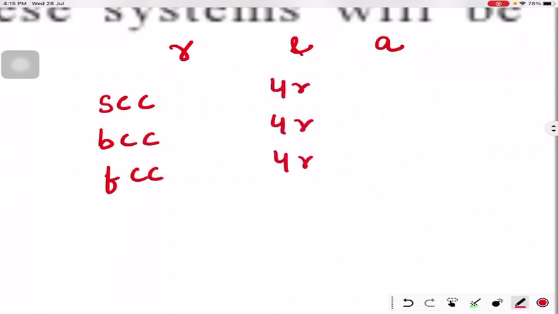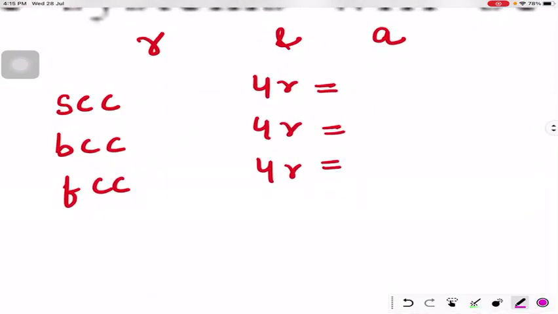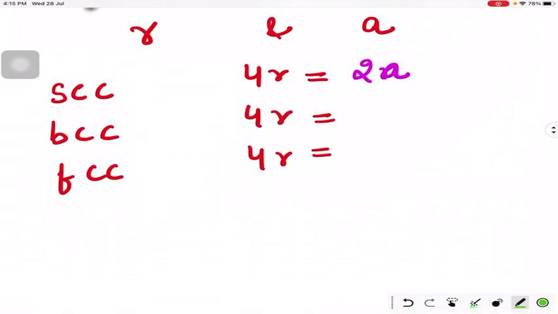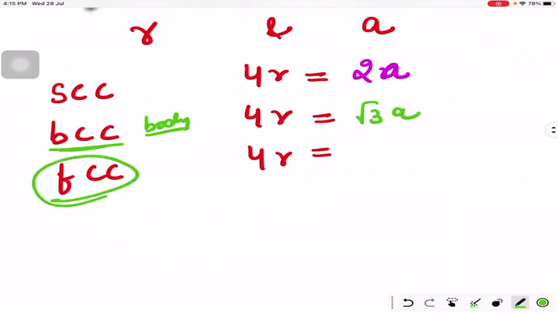For simple cubic, for body centered, for face centered, just write 4r in all the cases. 4r is equal to, for simple cubic, simply it is 2a, and then for body centered you will use body diagonal. Value of body diagonal is root 3a, and for face centered value of face diagonal is root 2a.